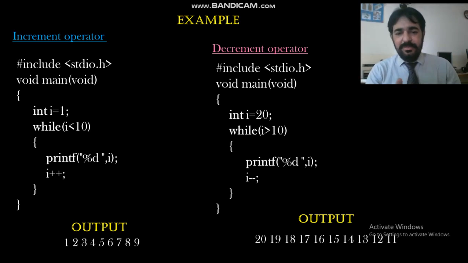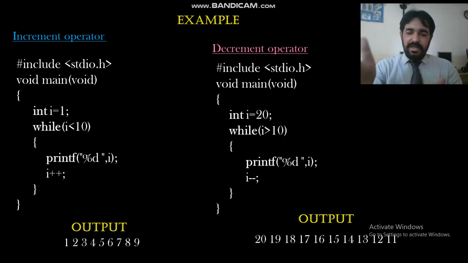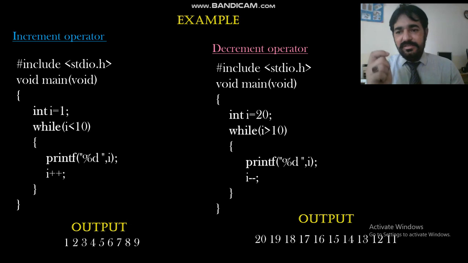So the variable decrements and it will reverse your values: 20, 19, 18, 17, 16, 15, 14, 13, 12 and 11. At the time of 11, because i is greater than 10, the value will continue decreasing until the condition is false, and at the point of 11 it will terminate and the output will be displayed on your screen.